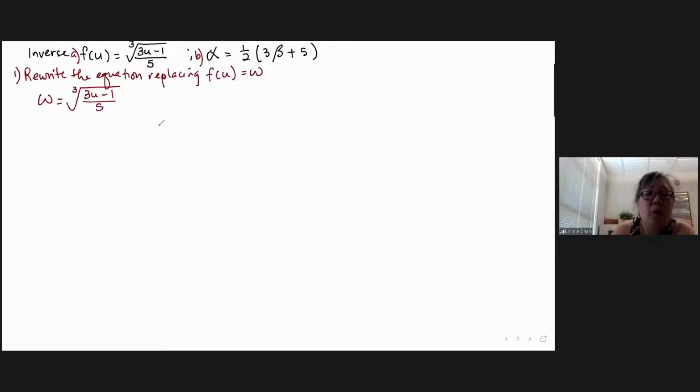It's like, oh, 3 f of u minus 1 over 5. Imagine if I have a lot of variables here, I'm going to have a lot of f of u's, and then it's just going to get so complicated, right? So if I were to switch it to a straightforward equation like this, it's simpler. It's easier to look at. Okay. All right. Now that I've done this, what should I do?